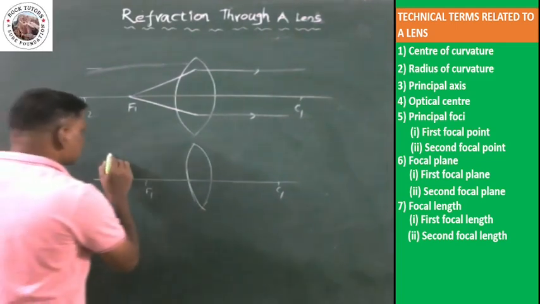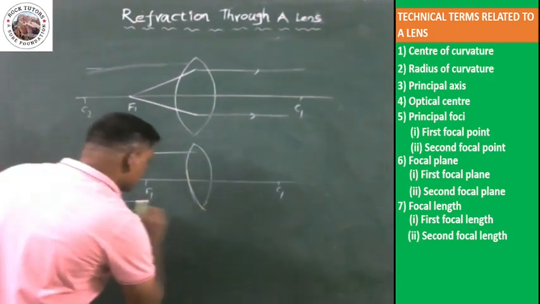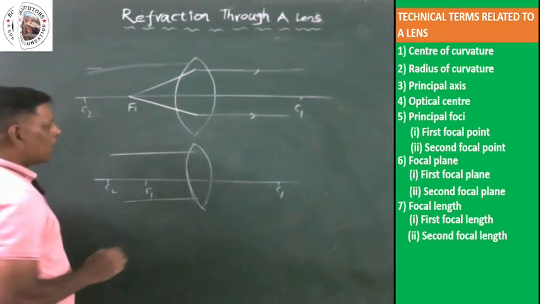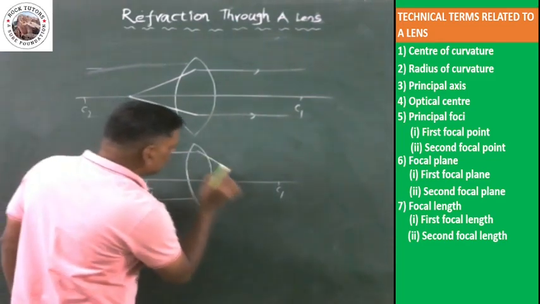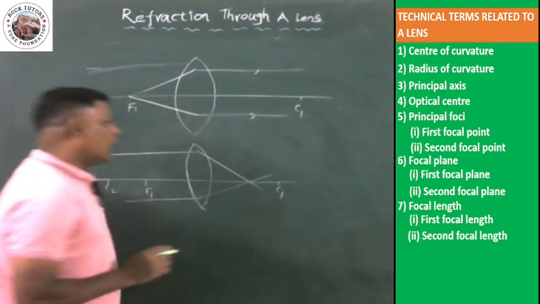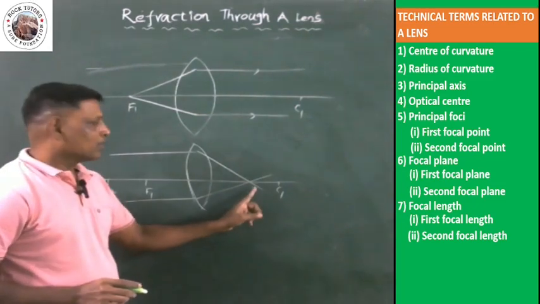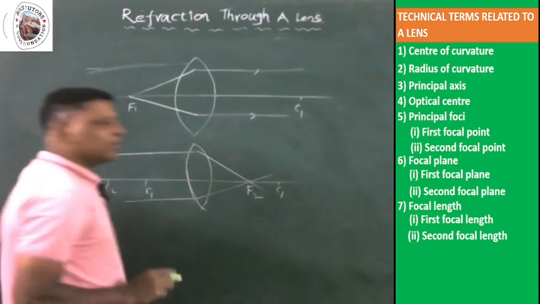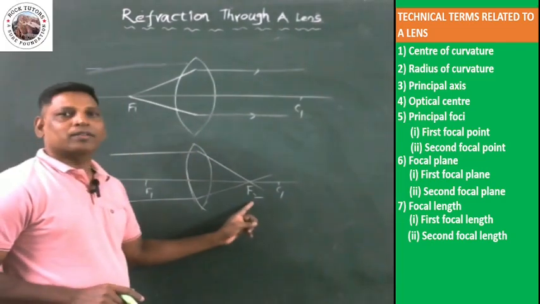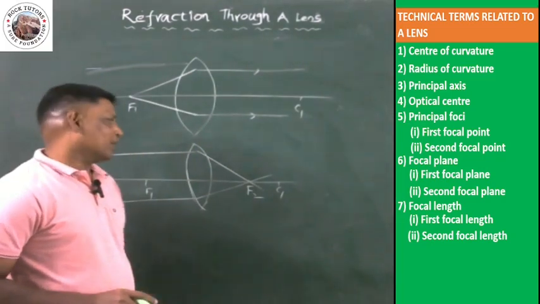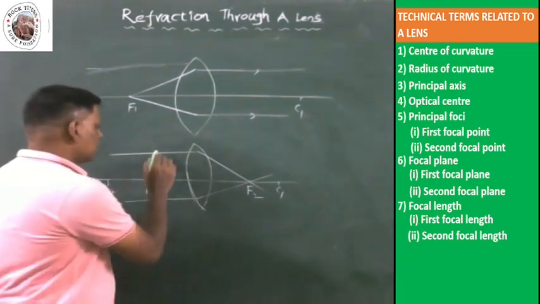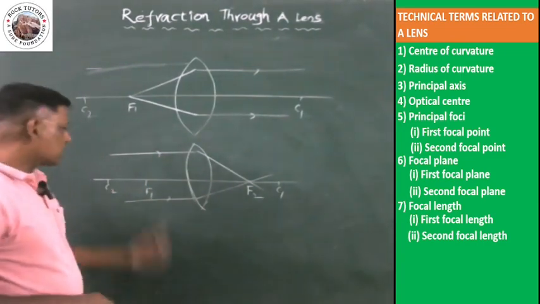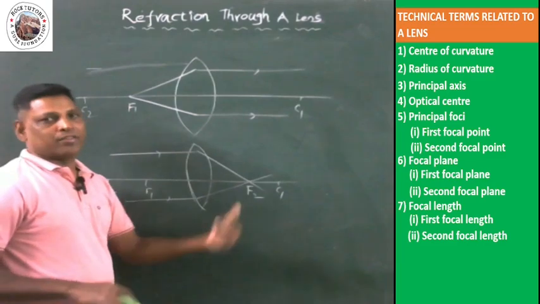Now, rays are parallel to the principal axis. After refraction, they meet on the principal axis. This point is called the second focal point. Here this is F1, here is F2.